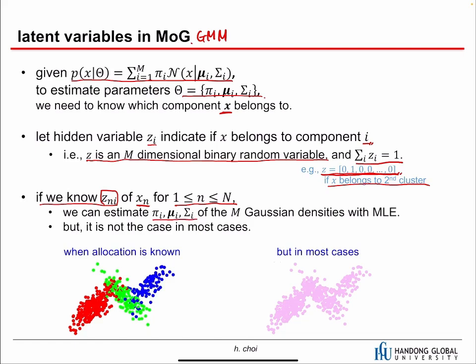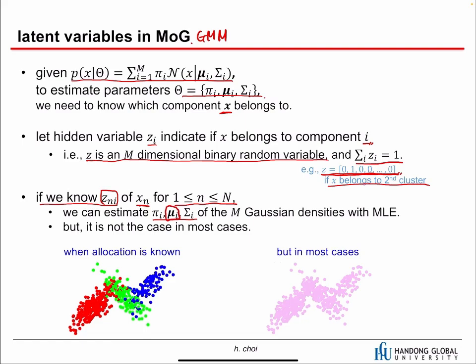In the k-means algorithm, once we assign all the samples into one of the clusters, we just estimated mu, right? So in k-means we estimated mu sub i.